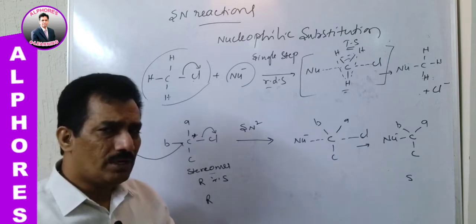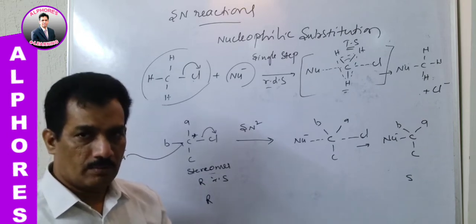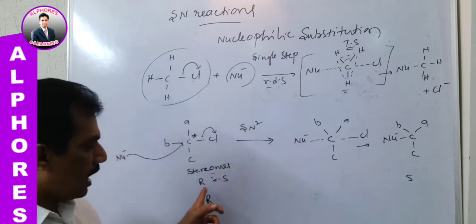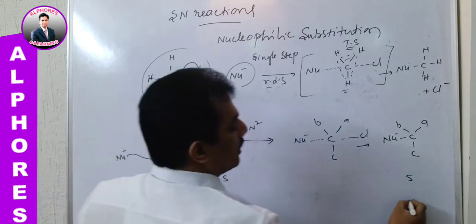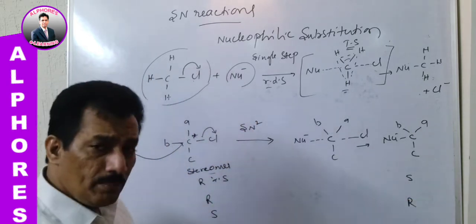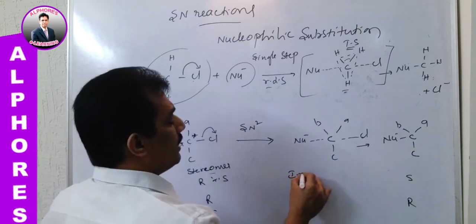If the priority numbers are different, it is beyond our scope, you need not worry. But in general, when it is R, it will become S, or if it is S, it will become R. What happened to the configuration? Just inversion takes place.